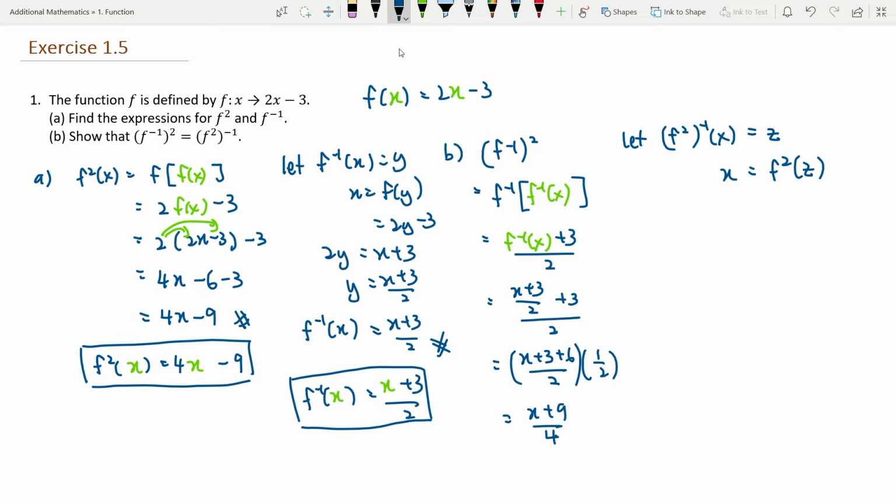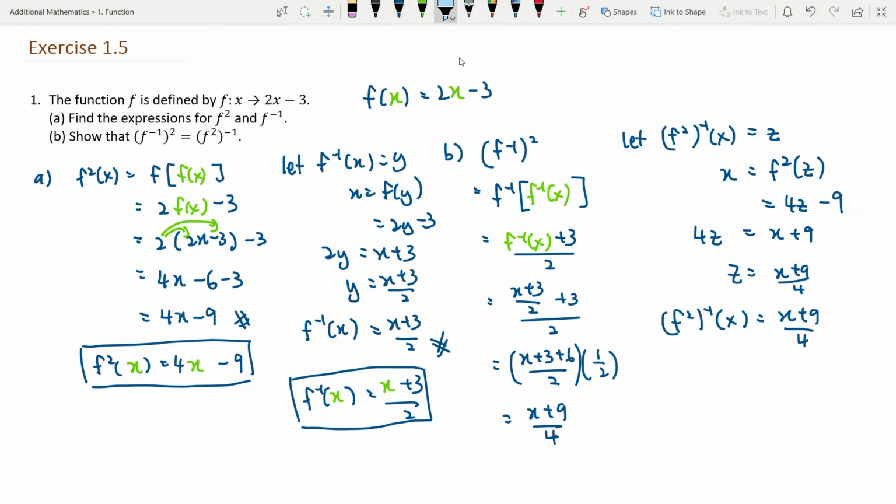Substitute z into f squared, we get 4z minus 9. Make z our subject, we have z equal to x plus 9 over 4. Therefore, f squared inverse of x is equal to x plus 9 over 4.